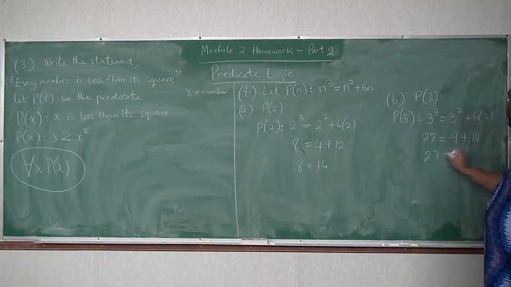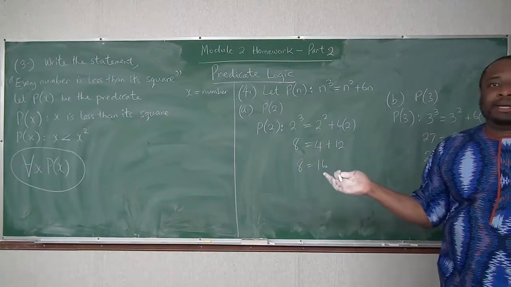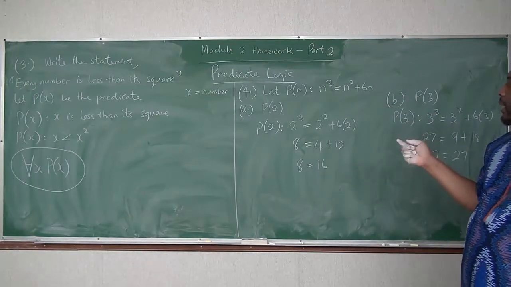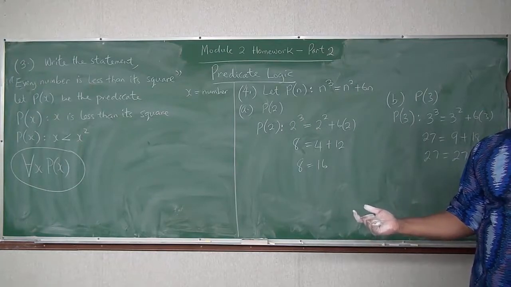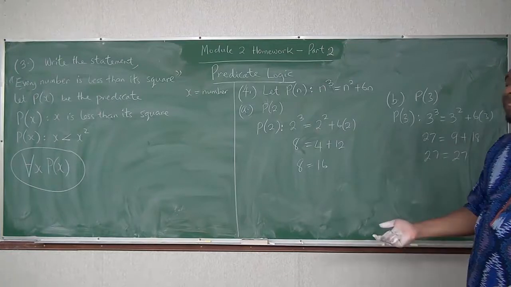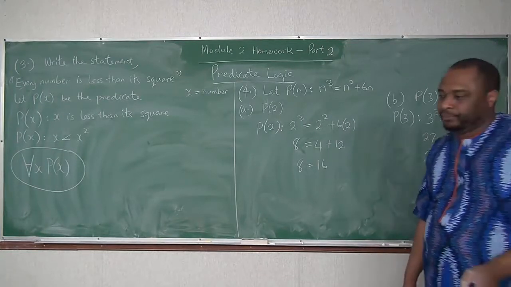So 27 is equal to 27. So you see here, for this predicate, it worked for n equal to 3, but it did not work for n equal to 2.